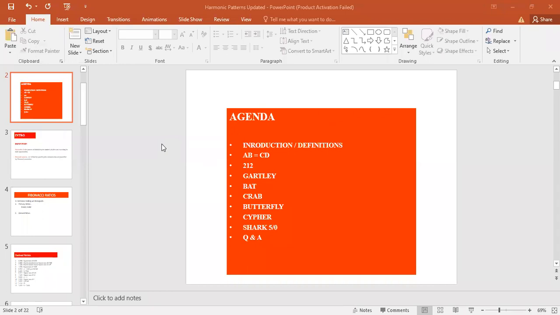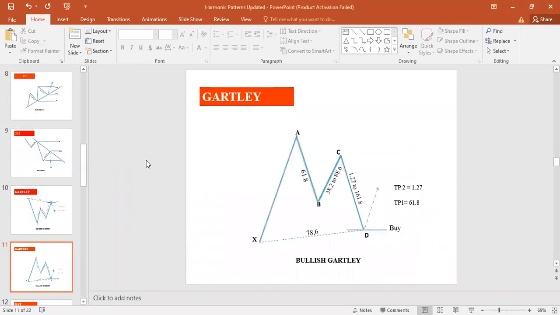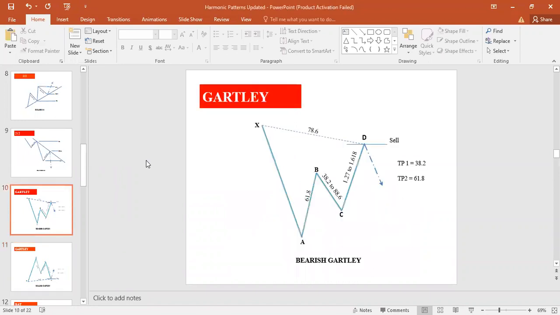So let's start with a Gartley. A Gartley, therefore, is defined by these parameters. This is a bearish Gartley. You can see the direction is to sell. It begins with a leg called X leg. Then it goes to a leg called the A leg.